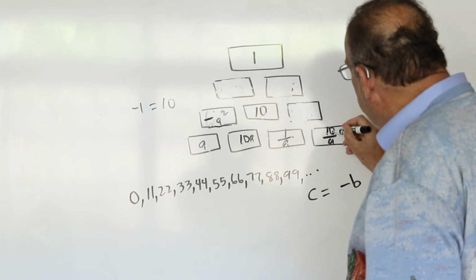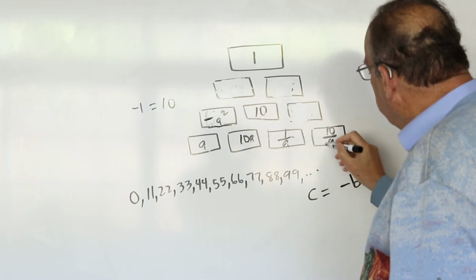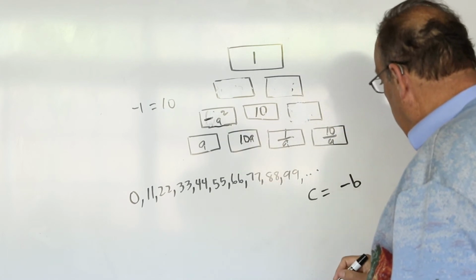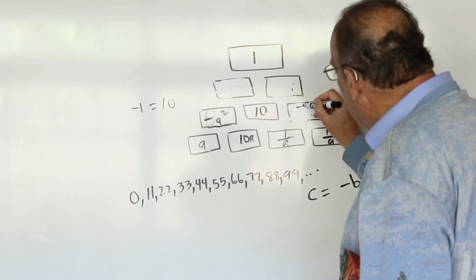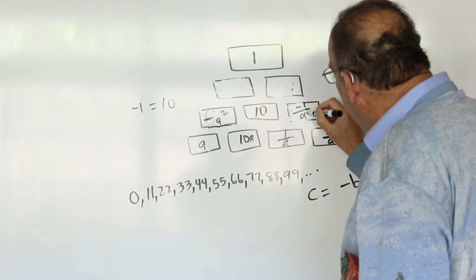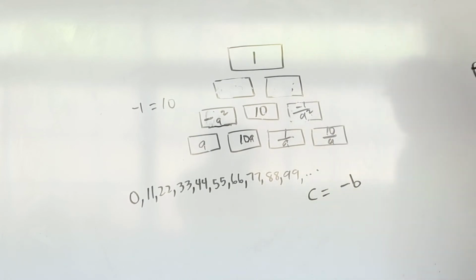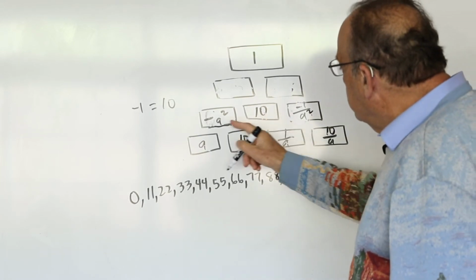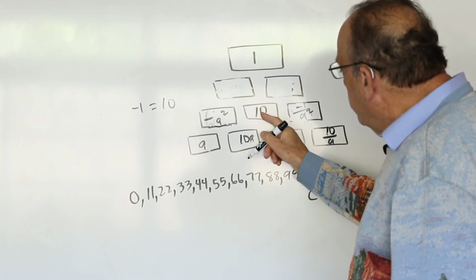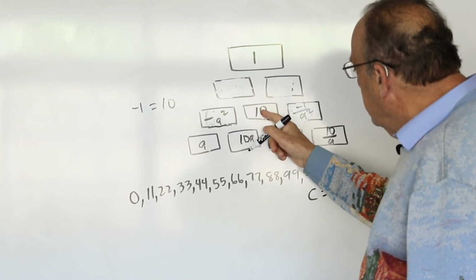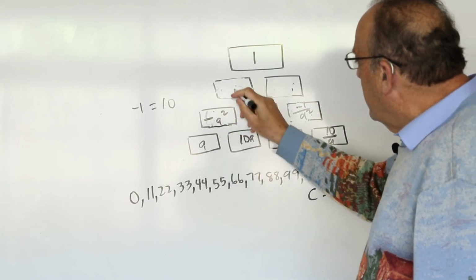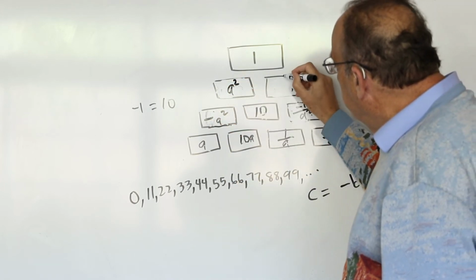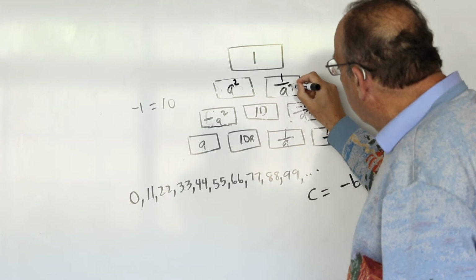And this would be, times this, we're going to get 10 over A squared, which would be negative 1 over A squared. And then if we times this, we're going to get positive A squared, because this is actually equal to negative 1. Negative 1 times negative A squared is positive A squared, and this will be 1 over A squared.